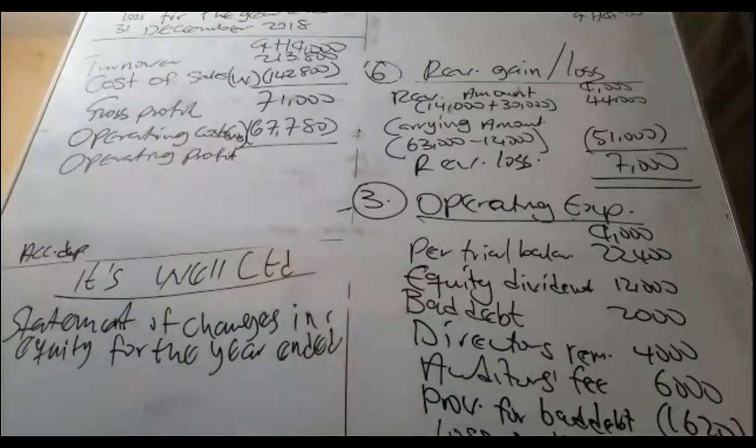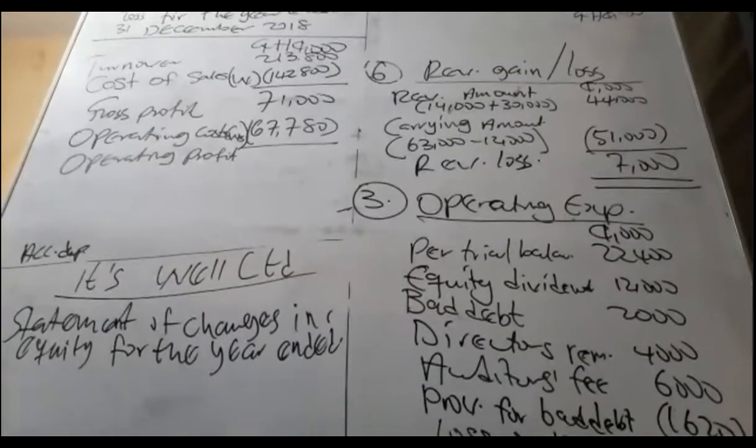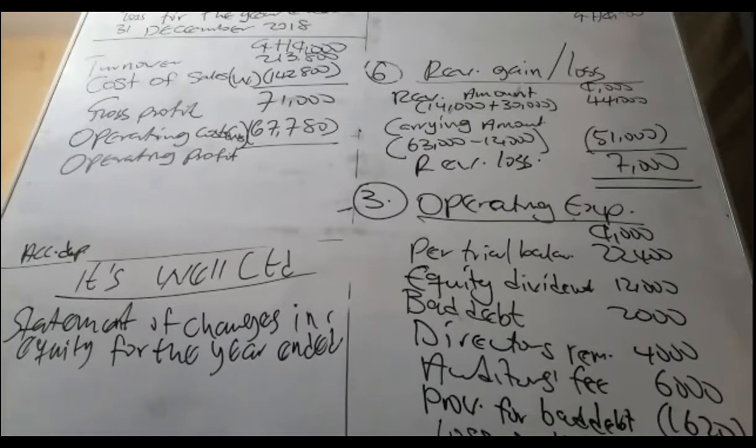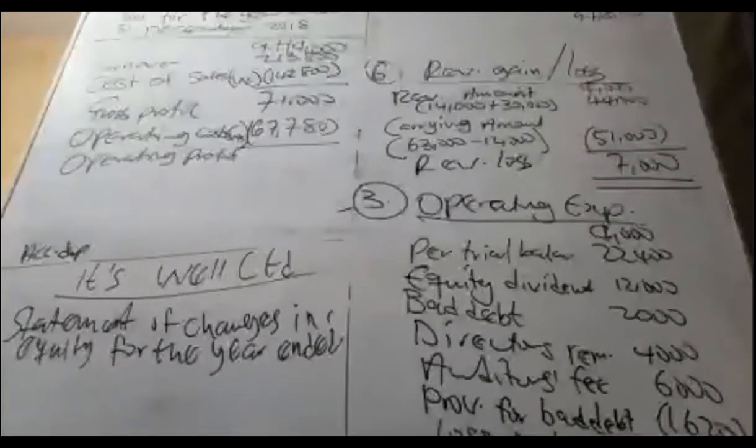Operating profit. So we get something like 71,000, this figure, 71,000 less 67,780.